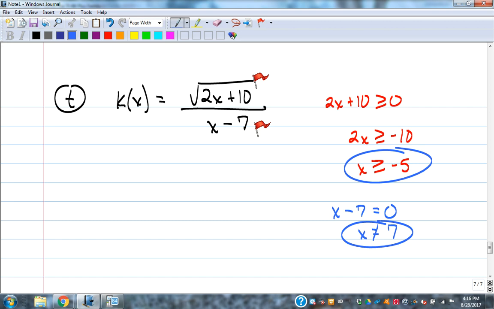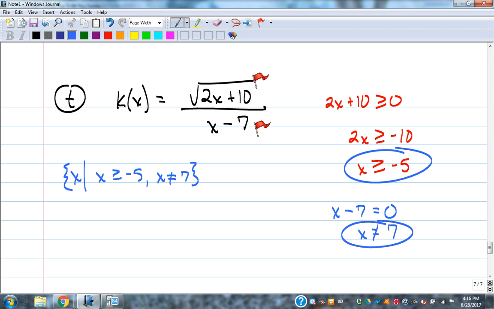So it really matters. So when I do my domain in set notation, again, it's the easy thing. It's x is greater than or equal to negative 5, and then a comma, and say x does not equal 7. Set notation, super easy. The interval notation is a little trickier, because you've got to think, okay, x is greater than or equal to negative 5.